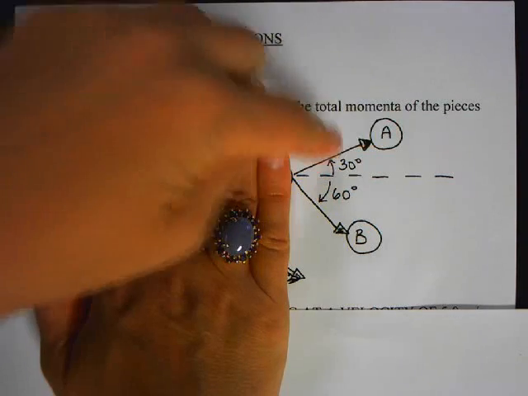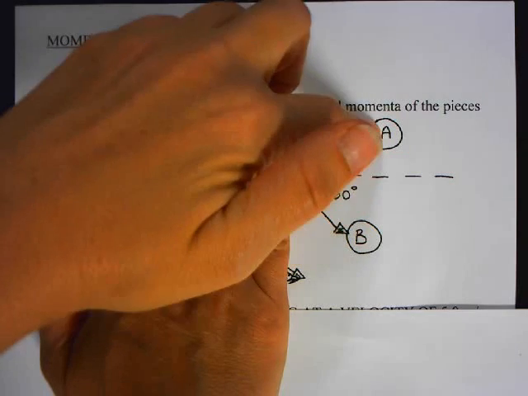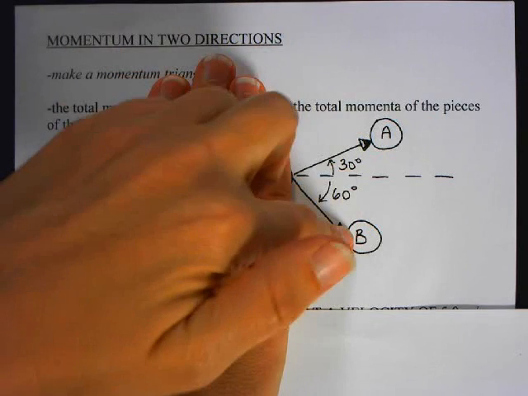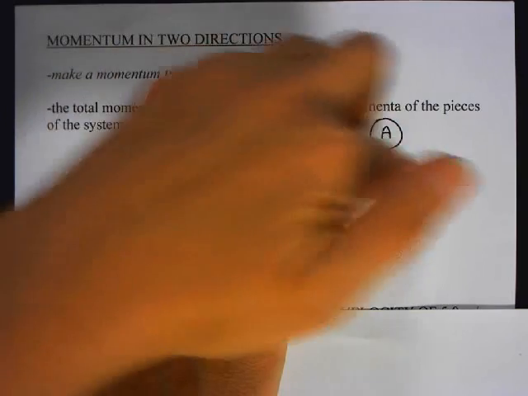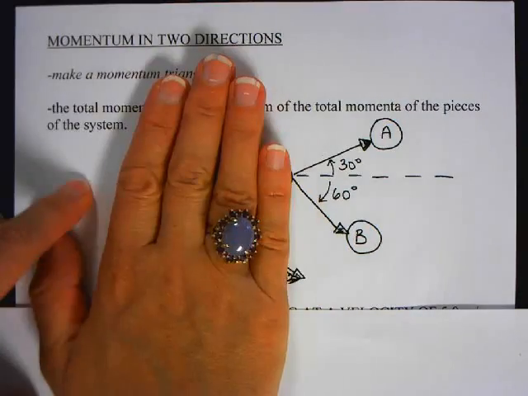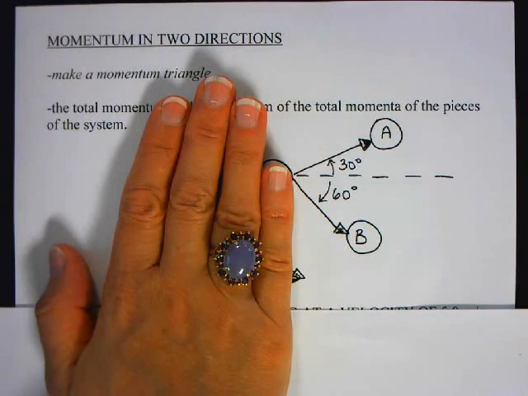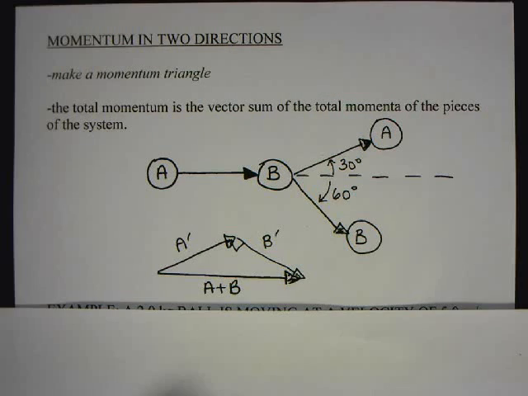In this particular example, I have ball A moving off to the left of its original direction, and ball B moving off to the right of its original direction. My frame of reference is the original direction of ball A, and that's why I drew it as a dashed line. In order to solve these problems, we're going to do what's called the momentum triangle.